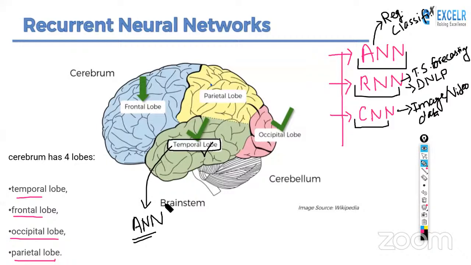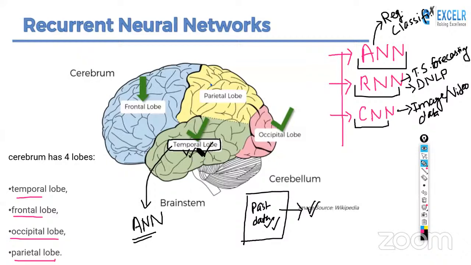Why? Because in ANN, we take a huge amount of historical data or past data, and based upon this huge amount of past data, we decide what decision to be taken in future. This is the functionality of the temporal lobe.